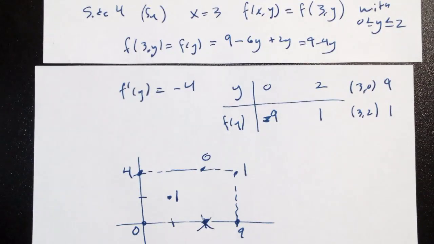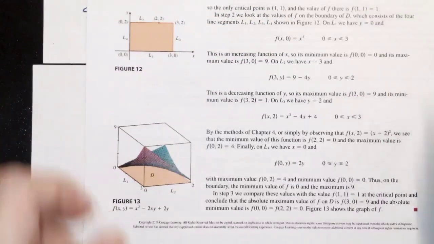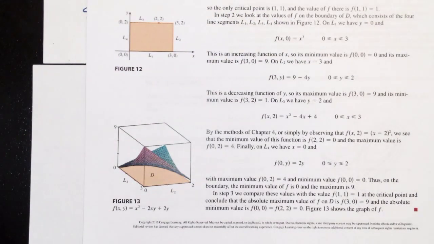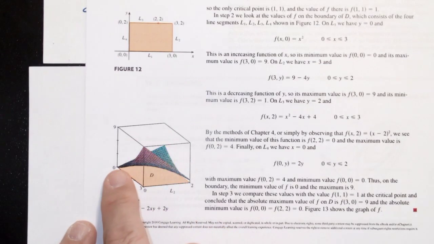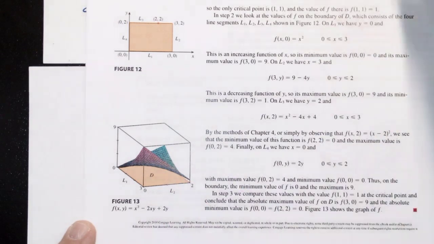This is a hyperbolic paraboloid. But instead of taking the whole hyperbolic paraboloid, I took a piece of it. And I got a high corner, a not quite as high corner, a low corner, and a low corner.